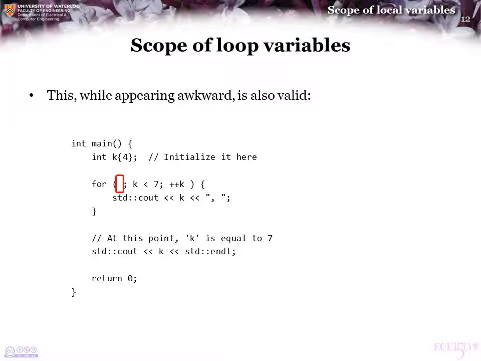Now that's a little bit awkward because a reader of this for loop no longer knows what the initial value of k is without looking back up somewhere else in the program. So this really isn't a good idea. However, you may indeed see this, and this is valid C++ syntax. So once again, the output is going to be 4, 5, 6, 7.